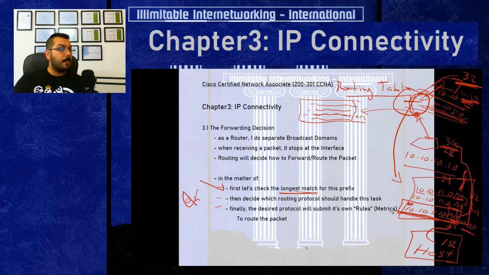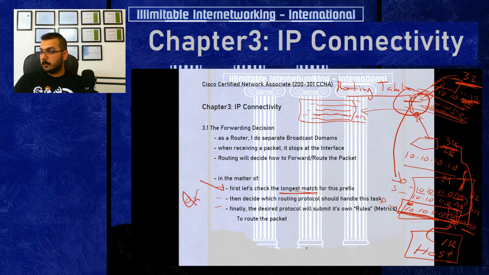After that, inside the routing table, each one of these routes has a specific routing protocol assigned to it. So the first thing I'm asking you to do is to understand the longest match criteria.